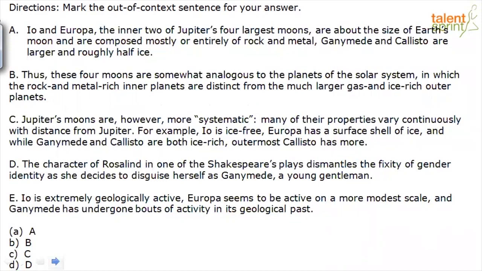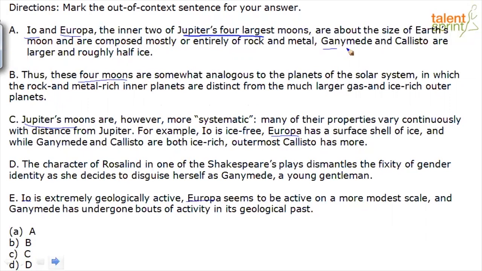So A starts off with Io and Europa, the inner 2 of Jupiter's 4 largest moons. Let's quickly identify our repeat words. So I have Jupiter's 4 largest moons, Jupiter's moons, right? And I have these repeated as well: Europa, Io, 4 moons, Europa, right?